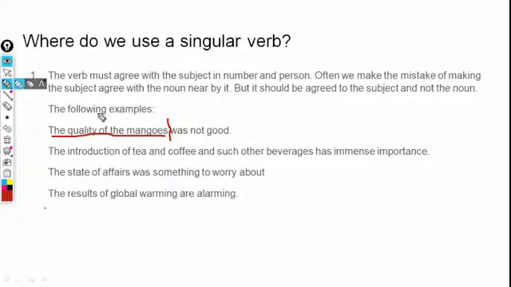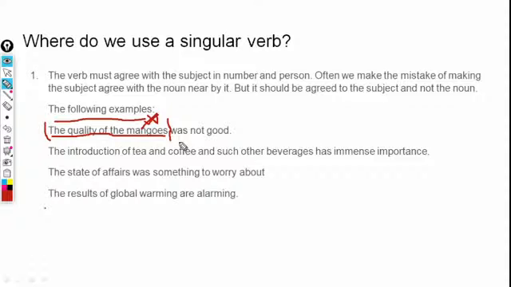Okay, take this example: the quality of mangoes was not good. Now, what do you think? The subject is mangoes? No, the subject is not mangoes, but the quality of the mangoes. You need to understand the subject first.